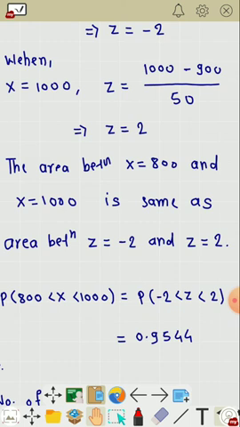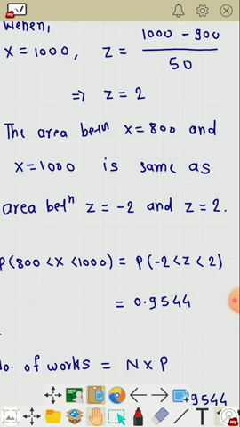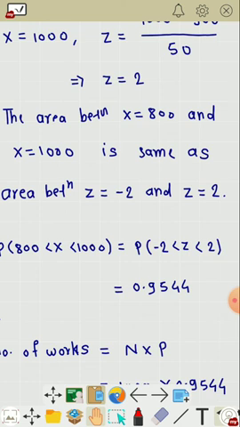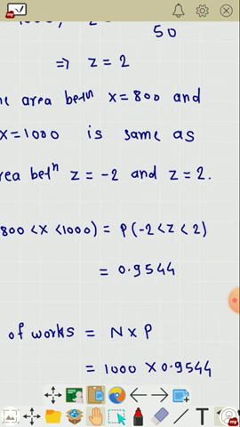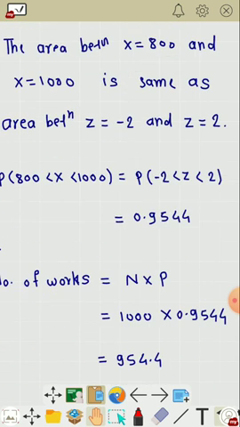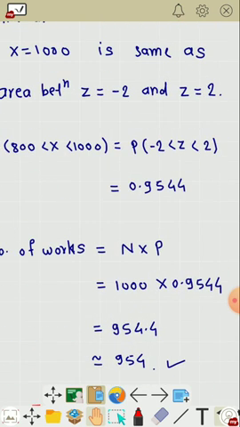Therefore the probability that x lies between 800 and 1000 is the same as the probability of z between -2 and +2, and as we know, that probability is 0.9544.